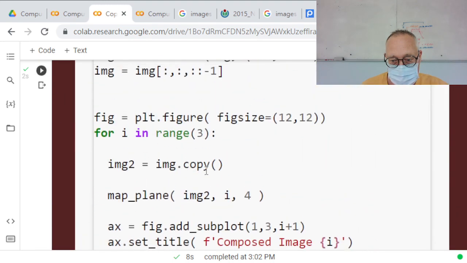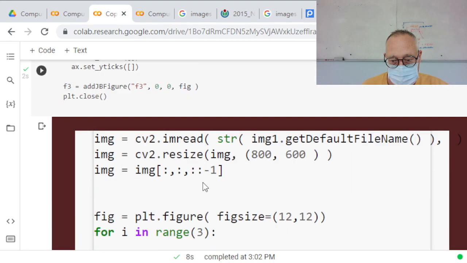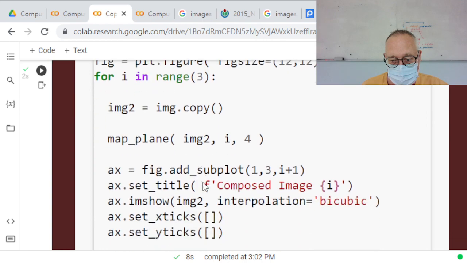let me just make sure that I read this correct image. Yeah, that's right. Okay.